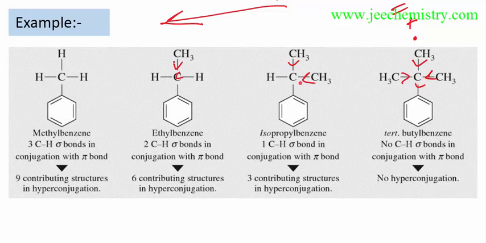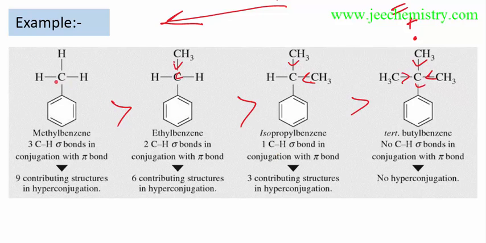So if you do not know about hyperconjugation, you will think that this has more stability than this, and that stability will be in this order. But here one concept is applied: hyperconjugation. Actually the order is reversed because of hyperconjugation.